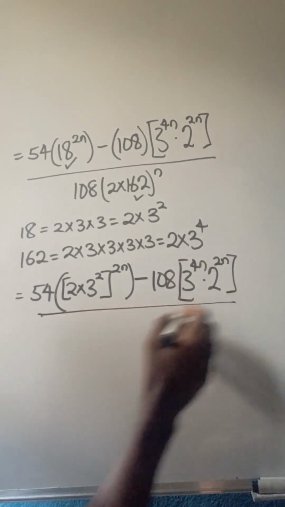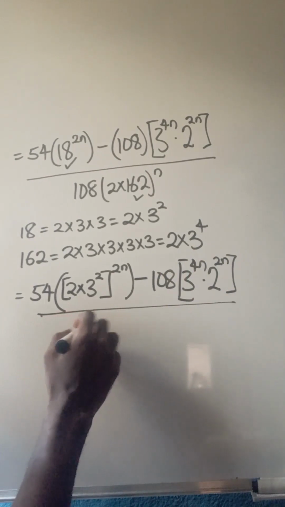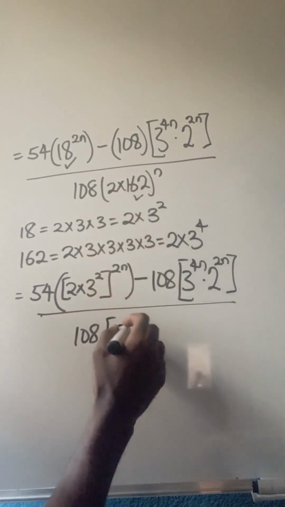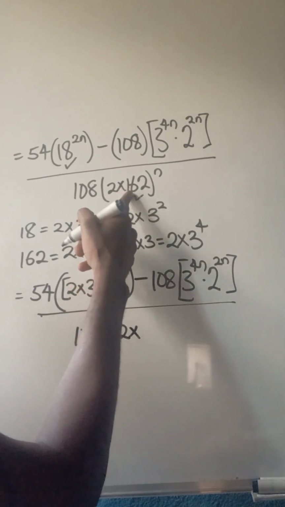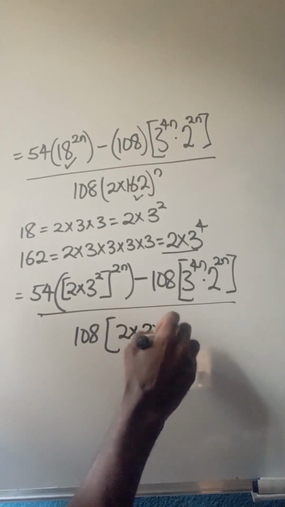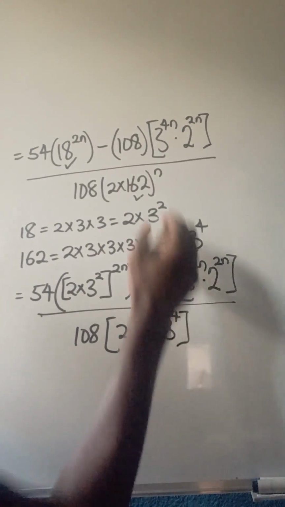So all this divided by 108 into 2 times, of course, our 162, we are going to replace it with this. So we have 2 times 3 raised to power 4, all raised to power n.